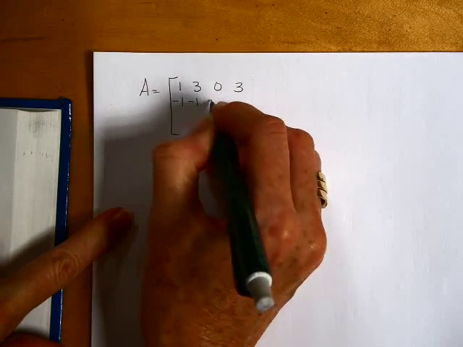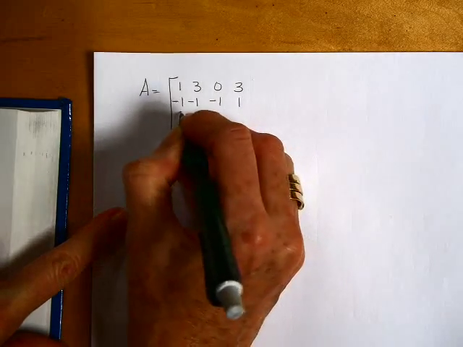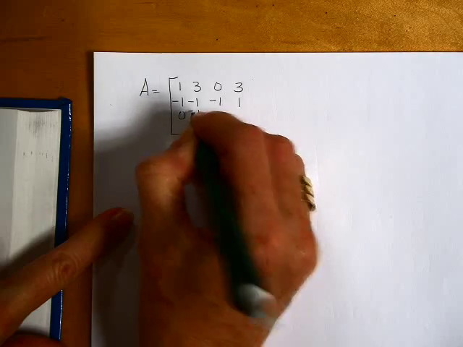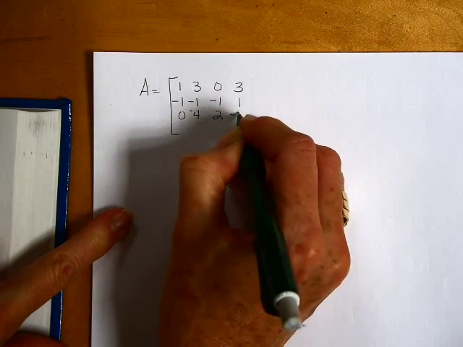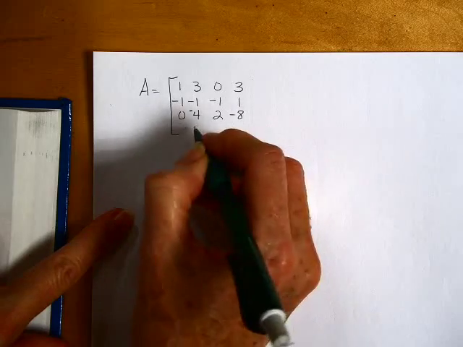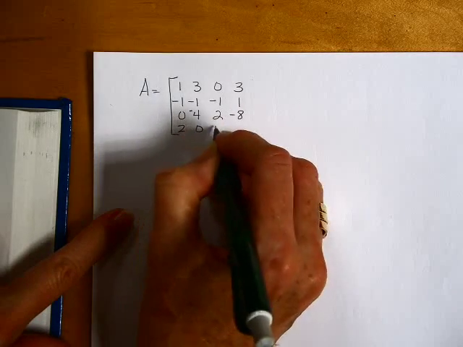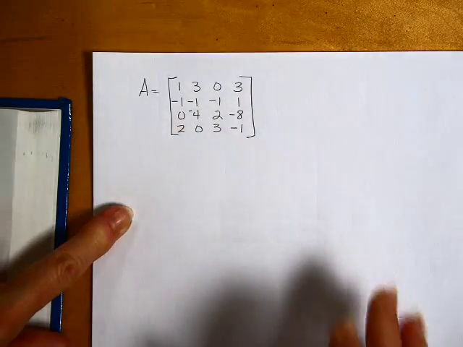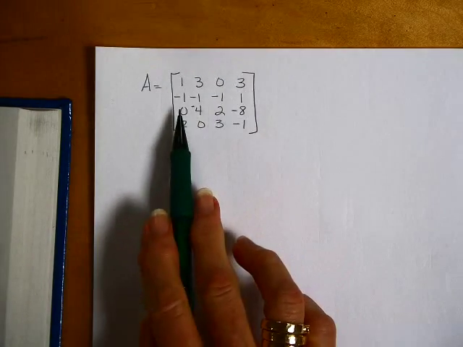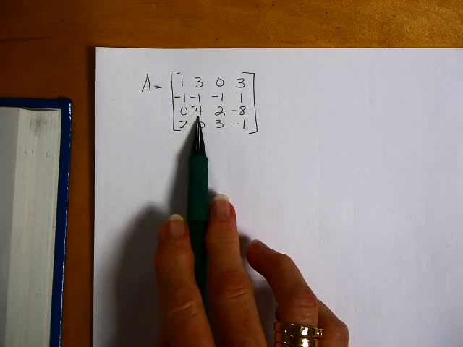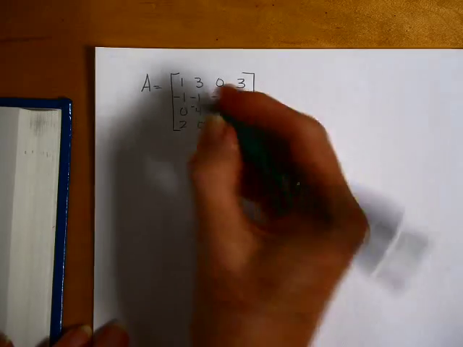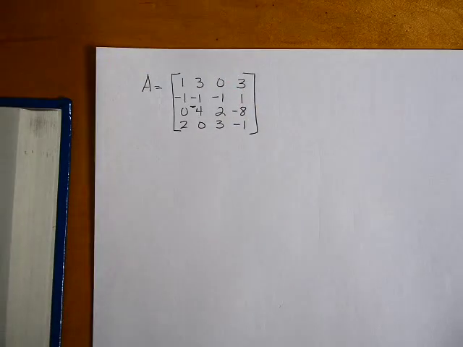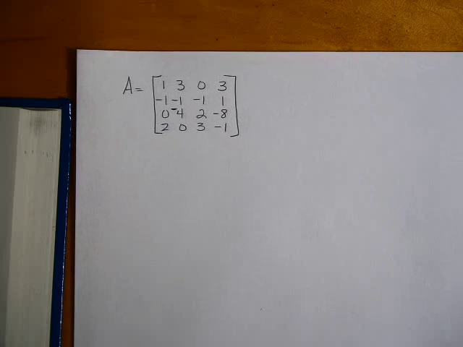Negative 1, negative 1, negative 1, 1. 0, 4, negative 4, sorry, 2, negative 8. 2, 0, 3, negative 1. Here is matrix A. I think I copied it wrong. How many rows of A have a pivot position?